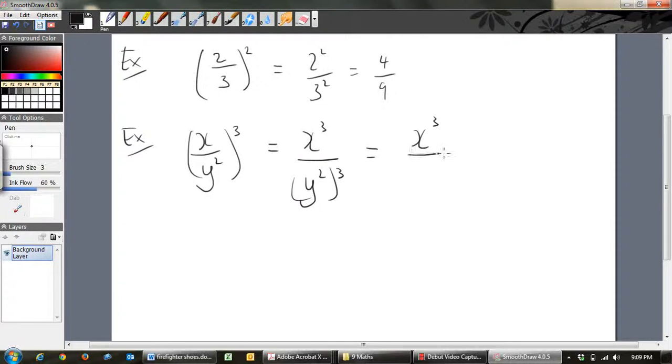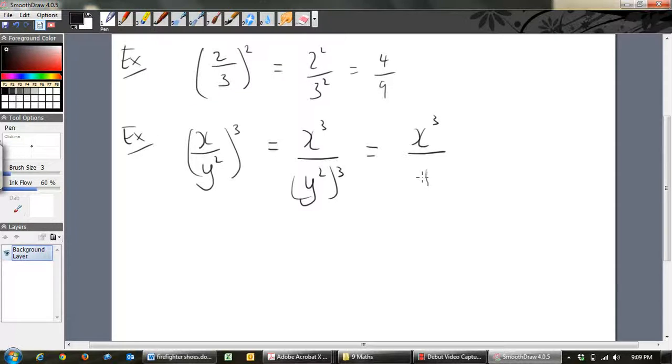What's y squared all raised to the power 3? In this situation, that's index law number 4, where we multiply those two together. So that's y to the power 6. And there's your answer. You can see the link between there and there: x cubed, y, 2 times 3, y to the 6.